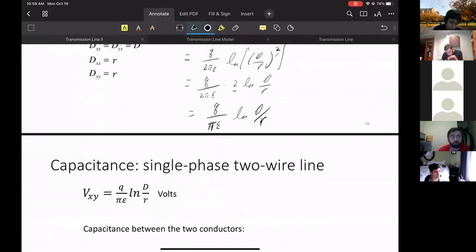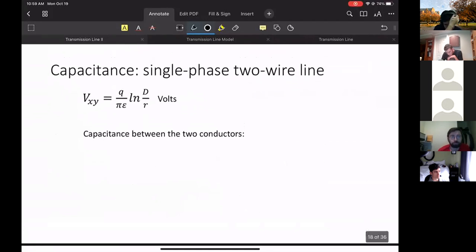So finally, we have capacitance. We have voltage, and now we want to move into capacitance. So what's the equation between capacitance and voltage? Do you remember the basic equation? What is C between X and Y?